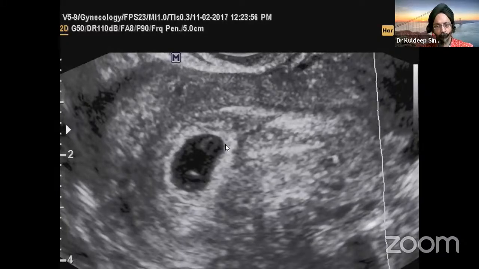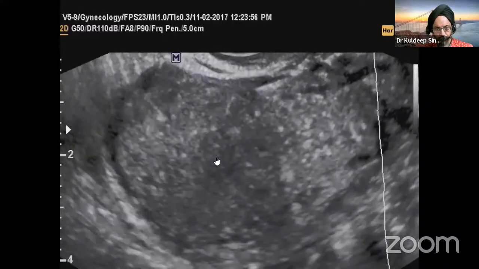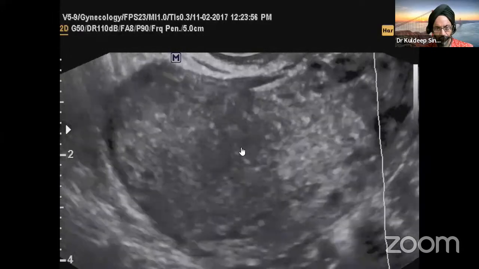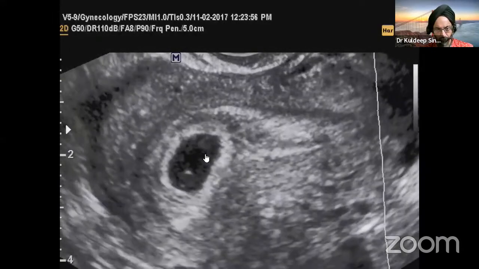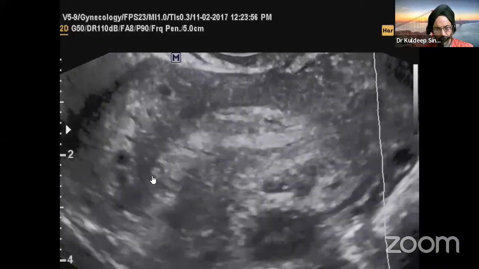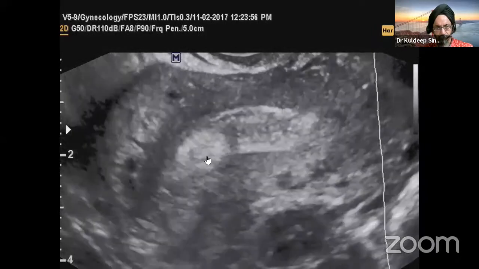We're looking at two yolk sacs. That's one yolk sac. That's another yolk sac. Again, see that we're looking at a nice thick decidual reaction. We're looking at a single gestational sac and two yolk sacs within.